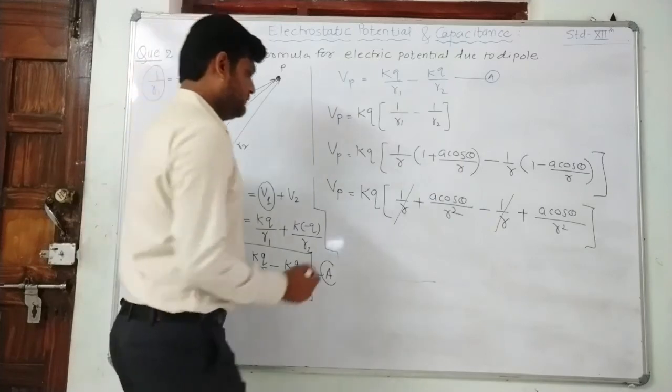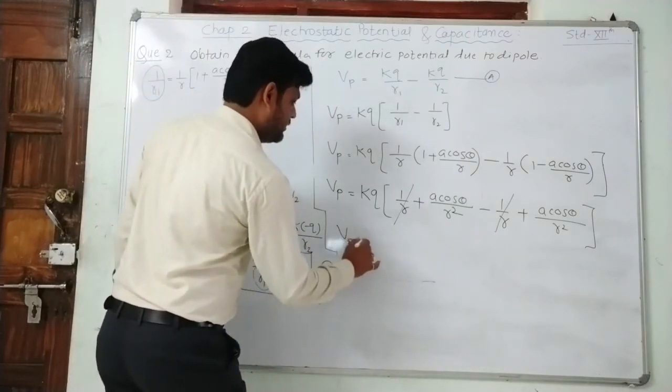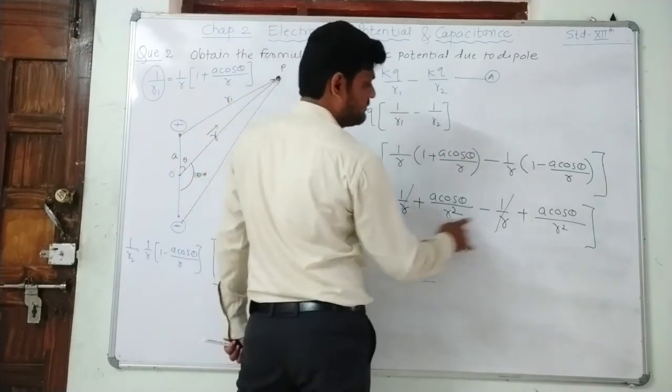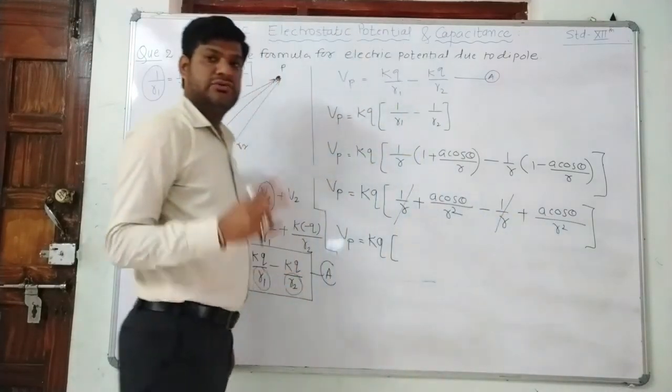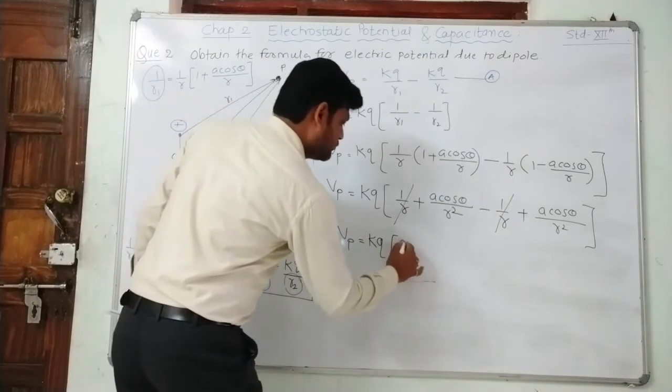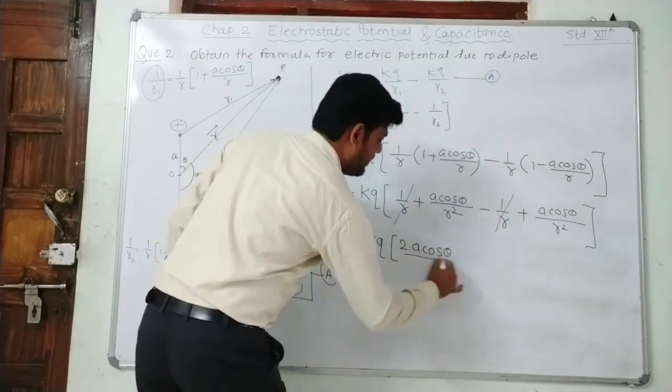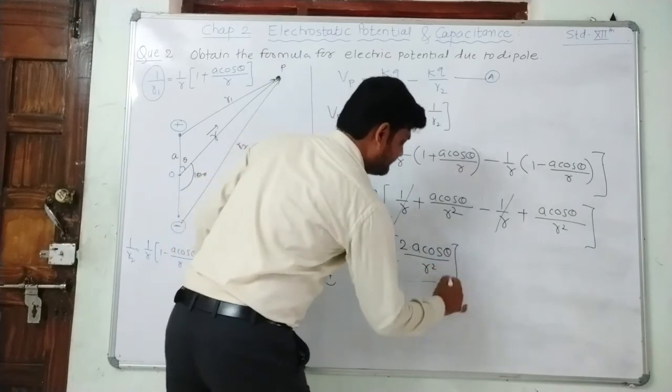Correct? So Vp equal to KQ. A cos theta by R square plus A cos theta by R square becomes 2 times, so 2A cos theta by R square.